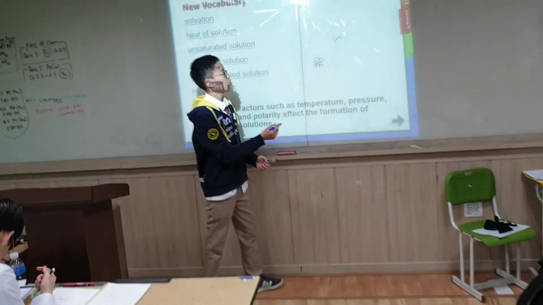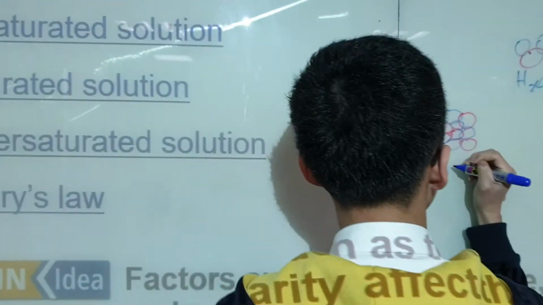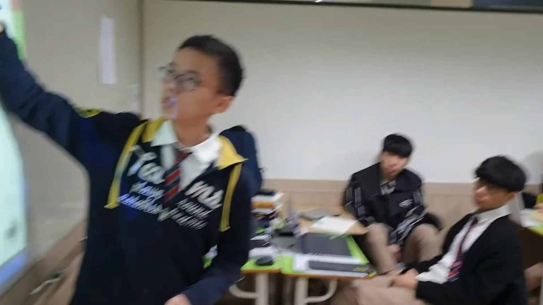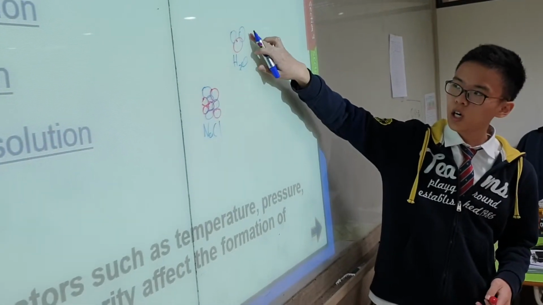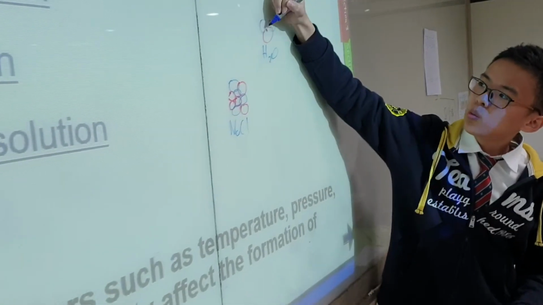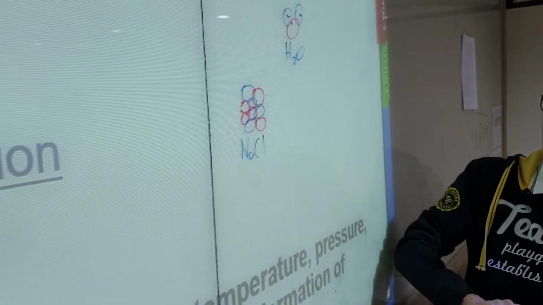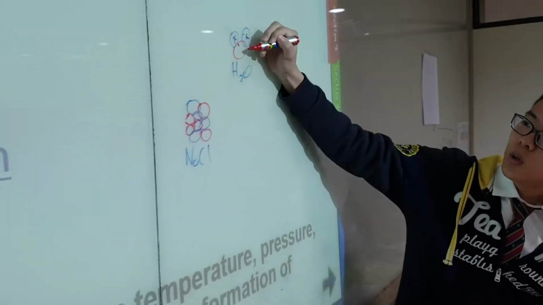As you probably know, this part of H2O and this is Na. These two are hydrogen atoms, so these ones are positive, and this one, the oxygen, is negative.